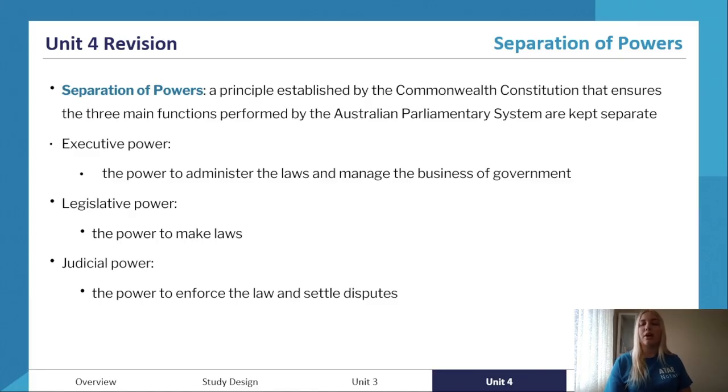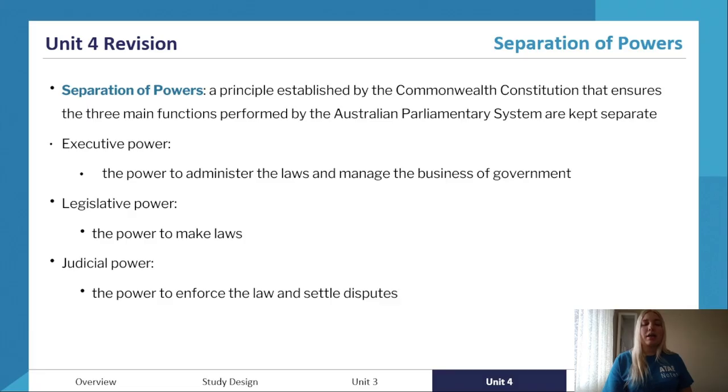So, Minister of Treasury, responsible for managing government funds and spending. Minister of Education, these are the actual executives. And they administer and manage the business of government. Fancy sounding, but what they do is they oversee that area they've been allocated to.